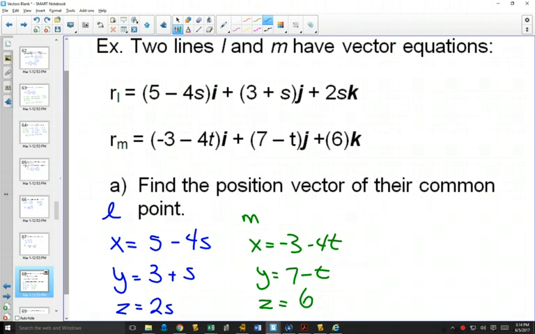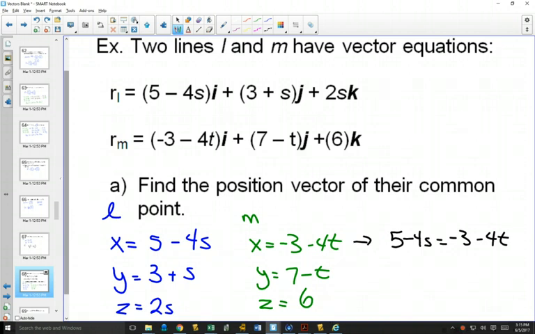From here, you need to take this information and figure out what s and t are, because if they intersect, the x coordinates need to be the same. So if our x coordinates need to be the same, I would get this equation: 5 minus 4s is equal to negative 3 minus 4t.